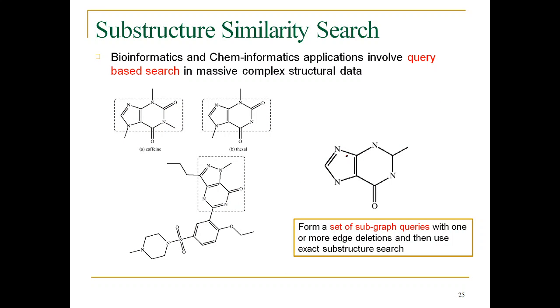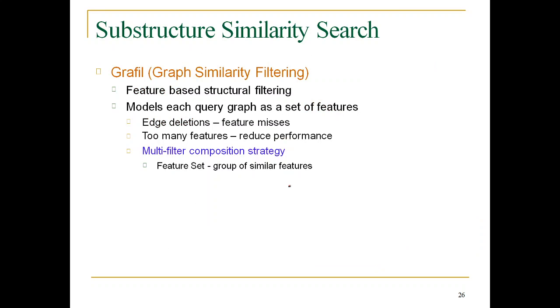Then coming to another application, that is substructure mining search. It is mostly used in chemical informatics and bioinformatics, and these are checked using query-based search. For this we have complex structures, and these are searched by using edge deletion to find the exact substructure search.